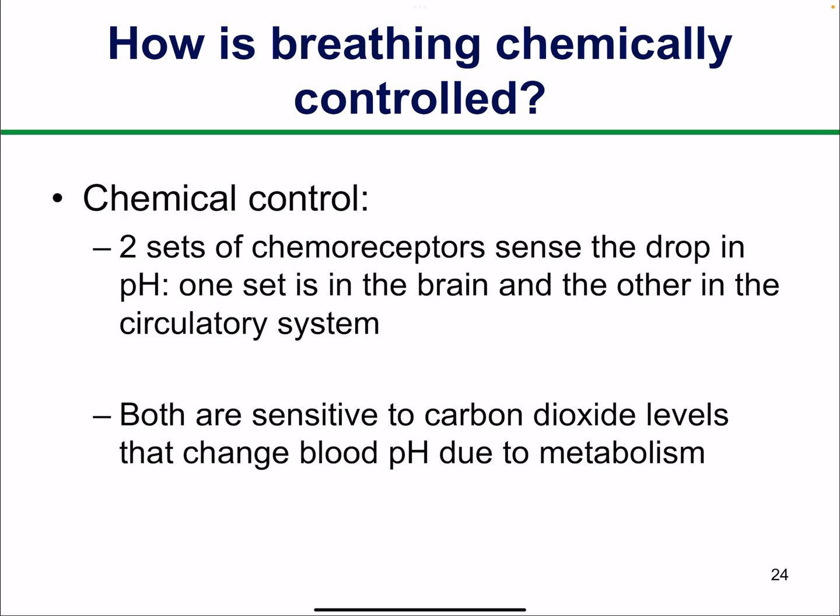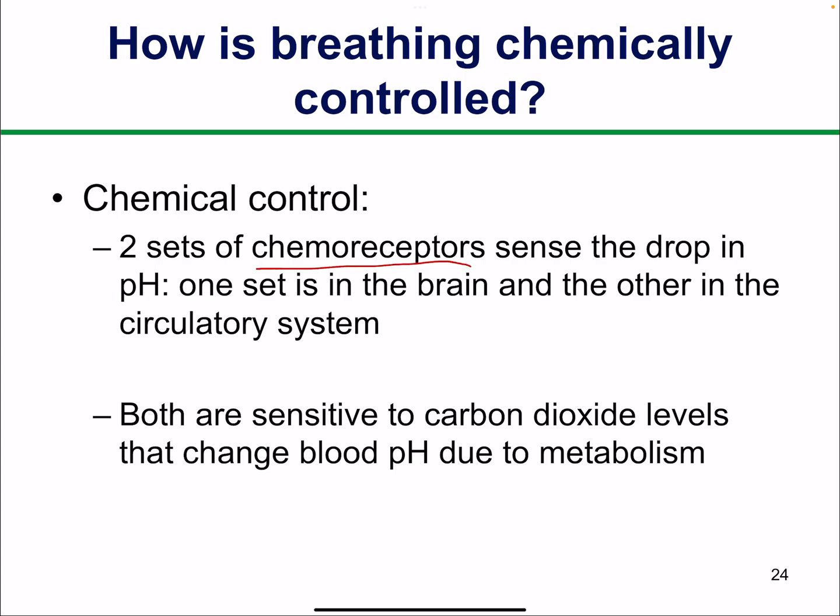We have two sets of chemoreceptors that are going to sense a drop in the pH, okay? And that drop in the pH is going to cause us to increase our breathing, right?